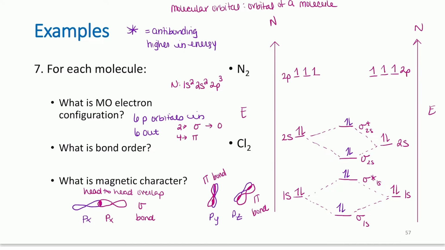Within sigma, we will have a sigma and a sigma star. Within pi, we will have a pi and a pi star, bonding and antibonding. Nitrogen and oxygen is where it flips on the table. So remember, nitrogen and oxygen next to each other on the table. This is where it's split on the way your molecular orbital diagrams look. Nitrogen is going to fill your pi bonds first, then your sigma for bonding.